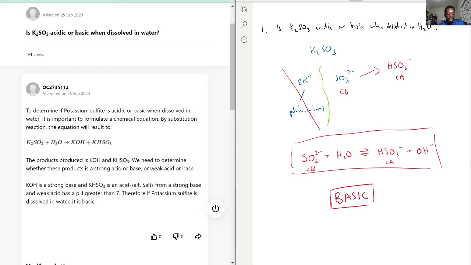So the reason why I say potassium is more of a spectator is because once it dissociates from the sulfite, it wouldn't form KOH. Okay, we wouldn't get potassium hydroxide. It would stay separate.